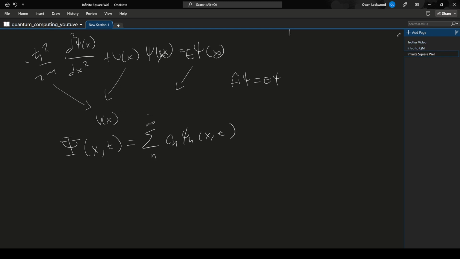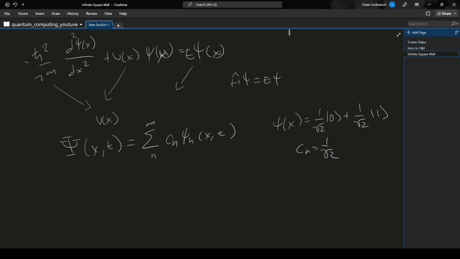So this is trivial in quantum computation. Now this is a finite Hilbert space we're dealing with in quantum computation, so it's not infinite, where our wave function would be, this could be 1 over square root of 2 times 0 plus 1 over square root of 2 times 1, right? So this is obvious. This is just the sum, this is our wave function, and where c of n would equal 1 over square root of 2.